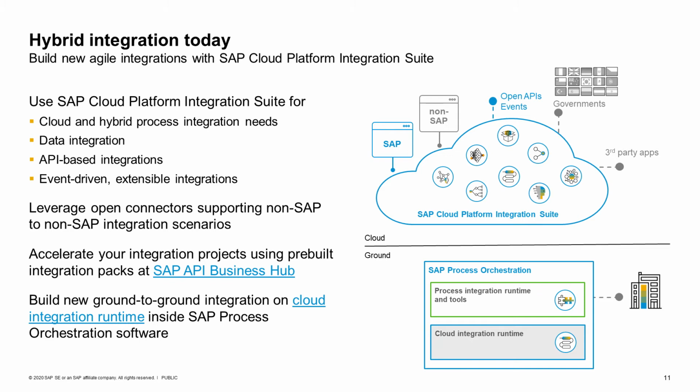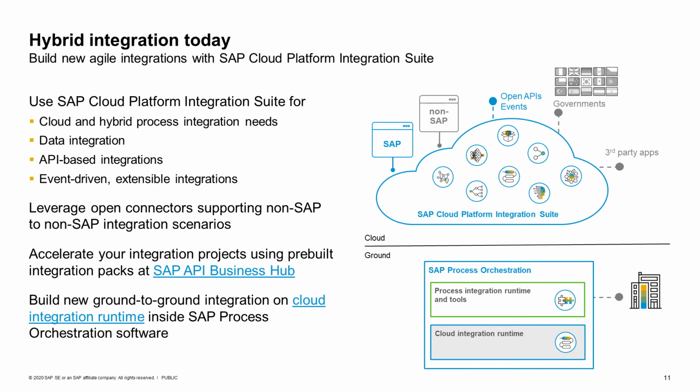On the other side, there are many customers using either process integration or process orchestration for their on-premise integration needs, right? Process integration has been shipped around 2001, and this is for process integration needs.